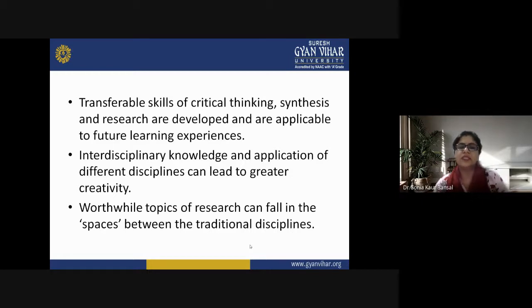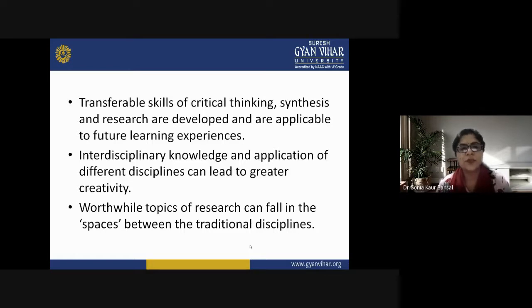So these are the transferable skills which a researcher must possess, when the researcher synthesizes ideas from different disciplines. In time, the researcher is definitely going to apply those skills in future research and future learning experiences also.